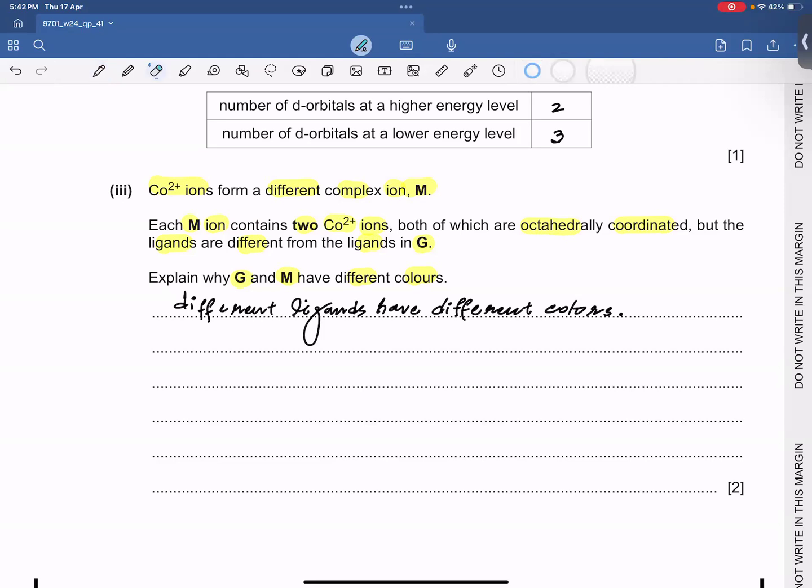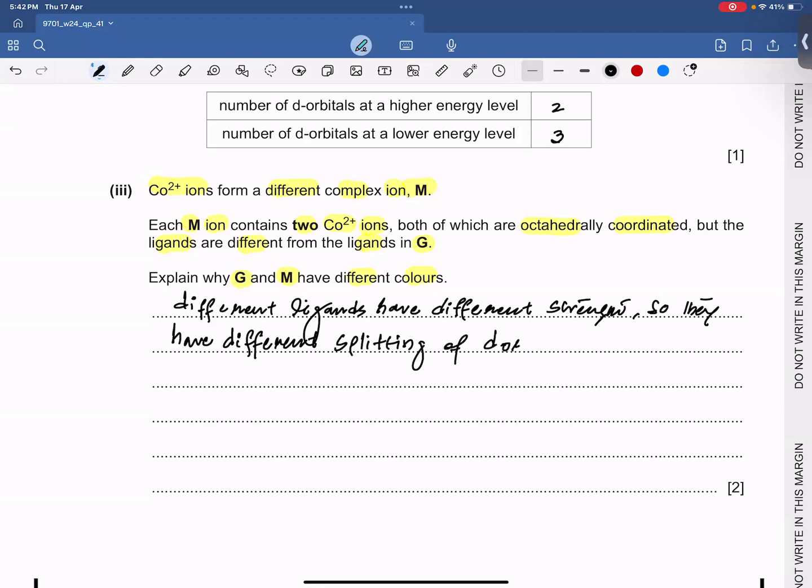In fact, different ligands have different strength. So they have different splitting of d orbitals.